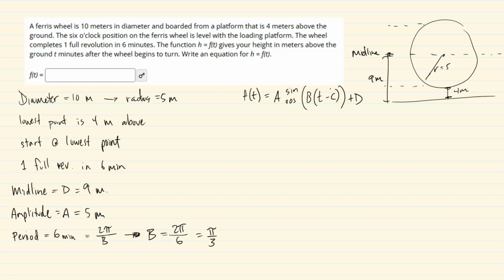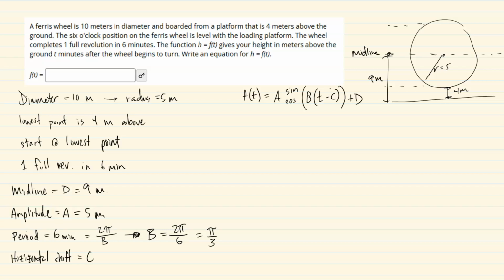So now the horizontal shift, there is actually no horizontal shift. So the horizontal shift, which is equal to C, is based on how much we shift left or right from the standard sine or cosine function.